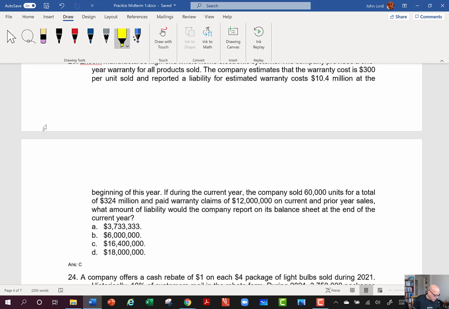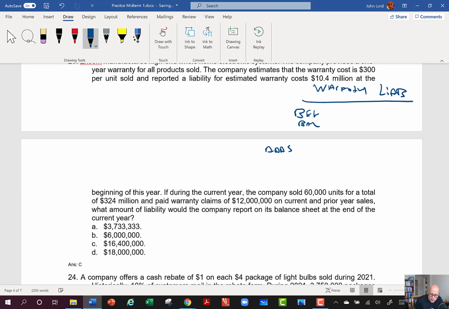Now, when I look at a problem like this, I say, well, they're basically asking me to analyze the warranty liability. When they ask me to analyze an account, I have to take the information they give me. What is the beginning balance? What are the adds? For this account, the add is the actual warranty expense for the period based on sales.